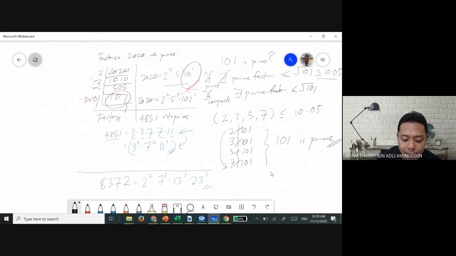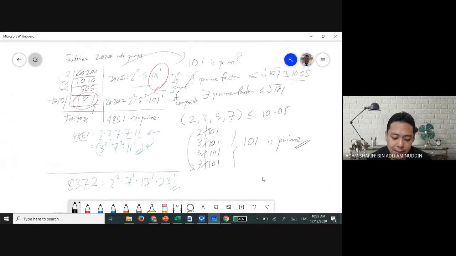When you arrive at a very large prime, pergi ke theorem number 2. Langkah dia pendek sahaja. Okay, do you have any question at this timing?